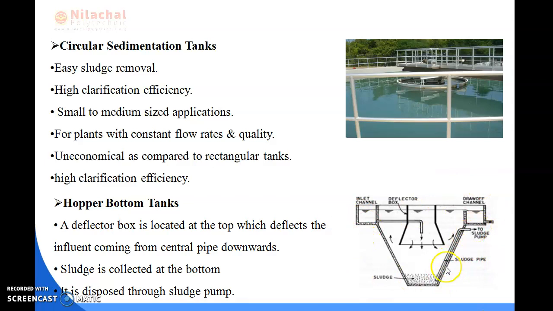You can see here the sludge pipe, and the sludge is collected at the bottom and disposed through the sludge pump. And here the deflector box is located at the top, which deflects the influent coming from the central pipe downwards.